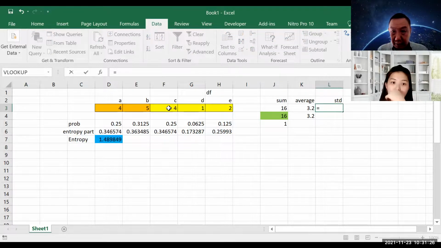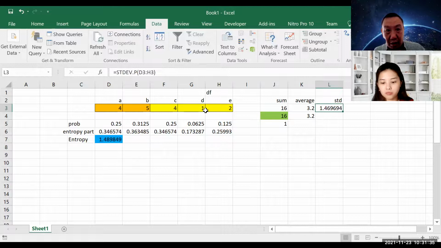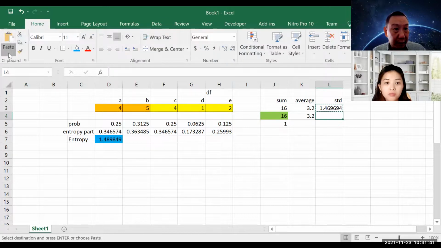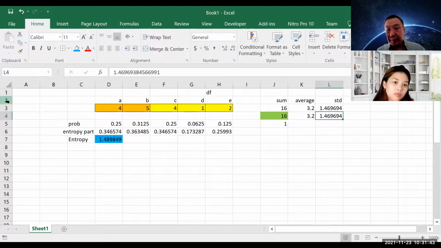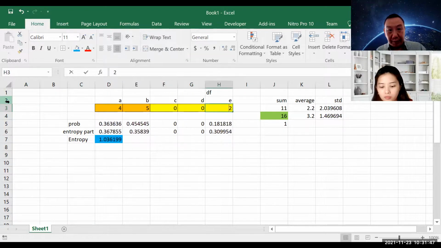is the standard deviation of the population. Suppose this is the one. Okay, 1.4. So I copy this and put it as the base value. Now I make it 0.